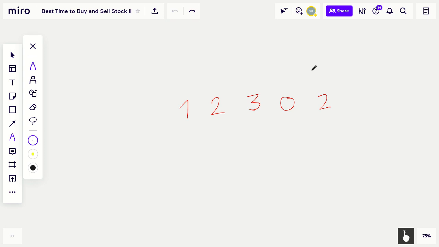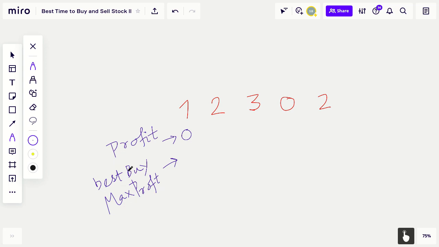You know that this is going to be 0, and we call this one your profit, and another variable, say best buy max profit, camel case, and obviously you're going to use minus 2 over here.